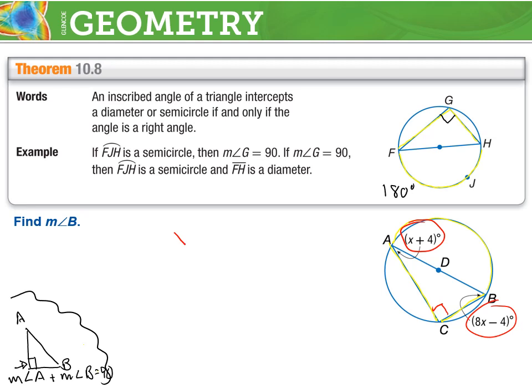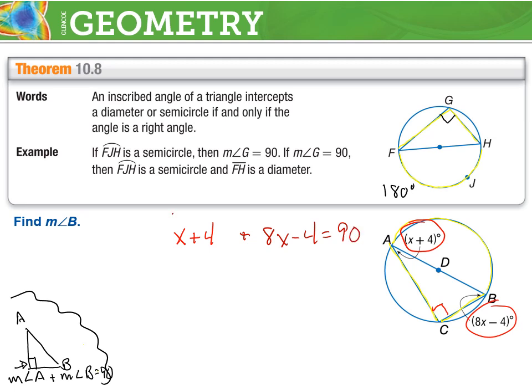So I can say x plus 4 plus 8x minus 4 equals 90 degrees.